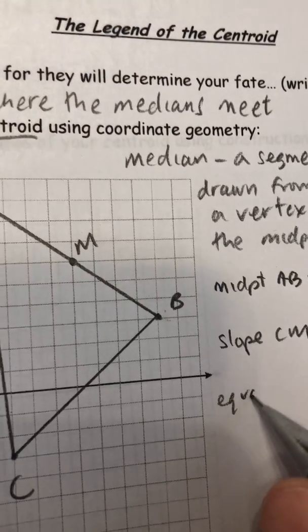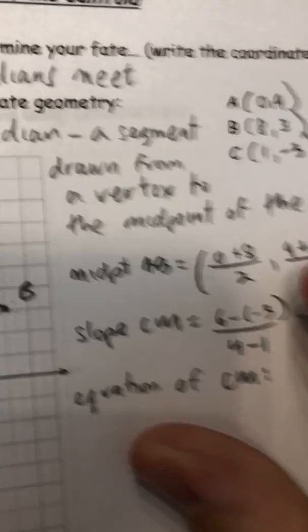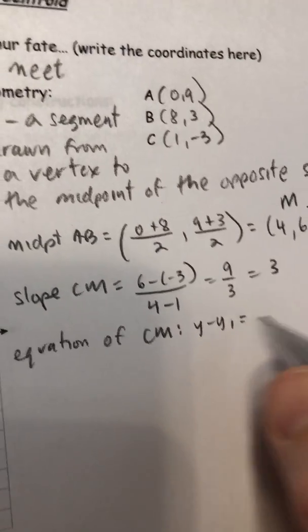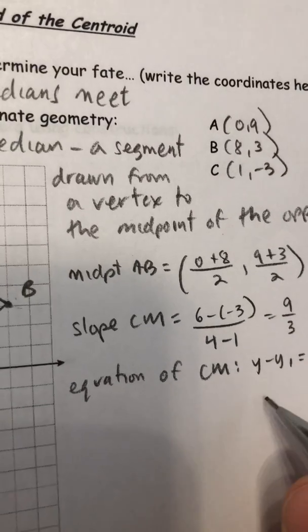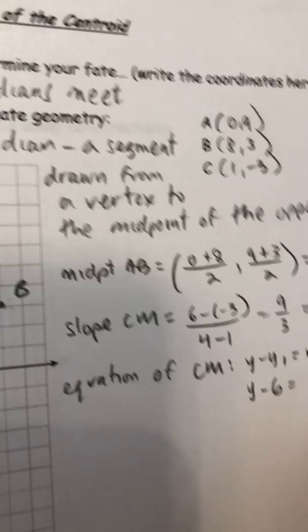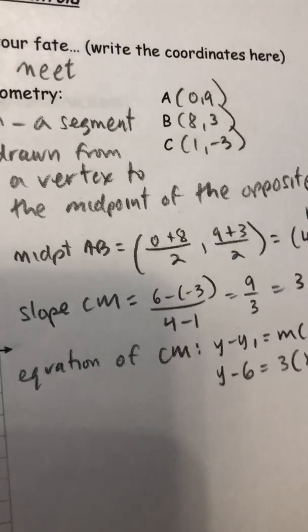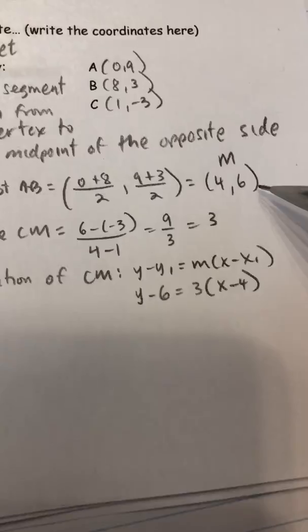I'm going to find the equation of CM using point slope. And I'll remind you that's y minus y1 equals m times x minus x1. So it becomes y minus 6 equals 3 times x minus 4. I could have used point C or point M to do that with point slope.